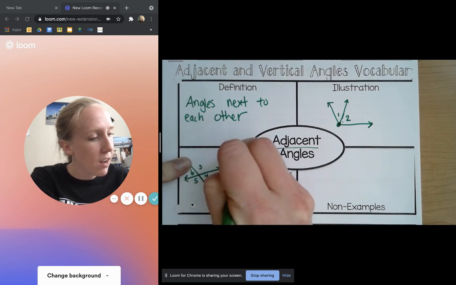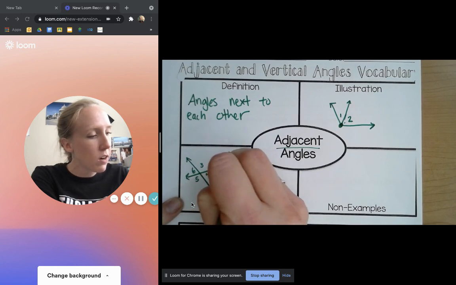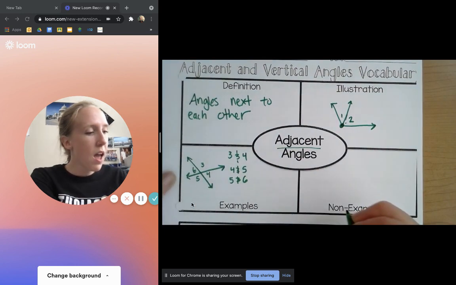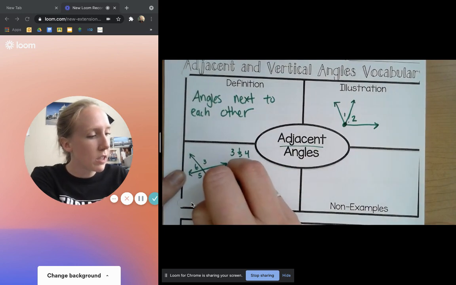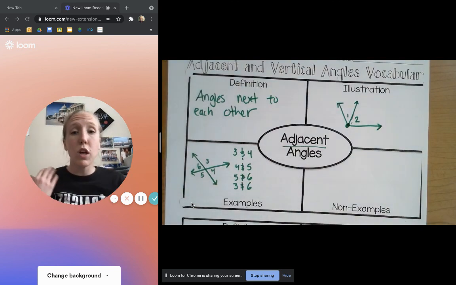And then, oh look, 5 and 6 are right next to each other. And then 6 and 3 are right next to each other. So all of those are adjacent angles.